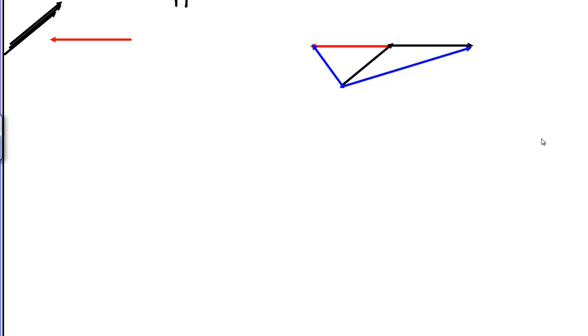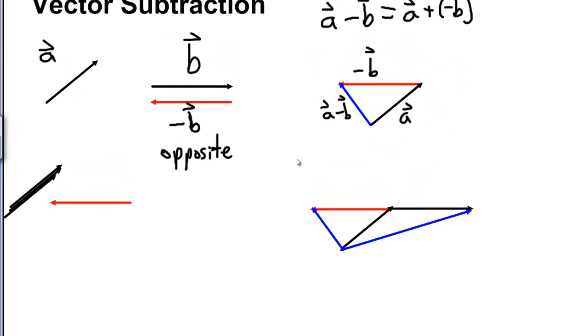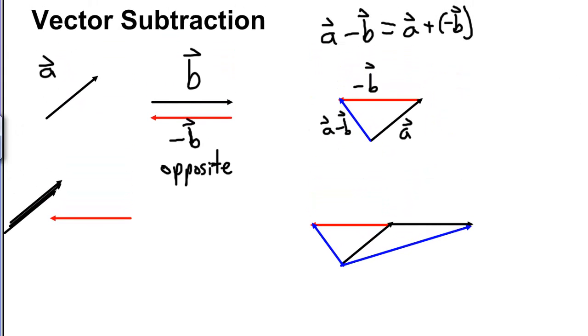Of course, this is not a perfect diagram, but there you go. There you can see them related. Here we've got A minus B. Here we've got A plus B. This is vector A, this is vector negative B, and vector B. So that's how you can actually see them related.